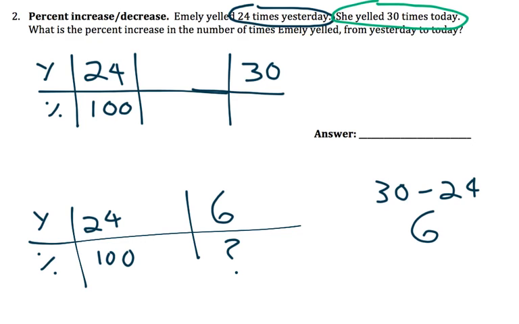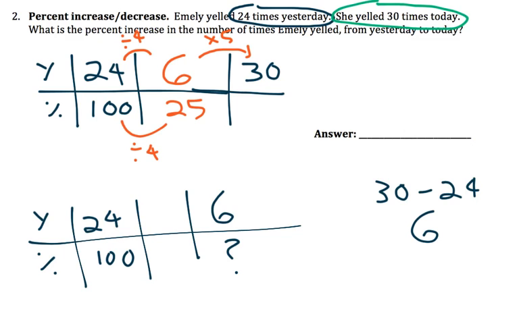Alright, so starting it off at the top, I can't go from 24 into 30, but if I divide it by 4, that would give me 6, and I'm doing that because I know 6 will go into 30. And then 100 divided by 4 is 25.